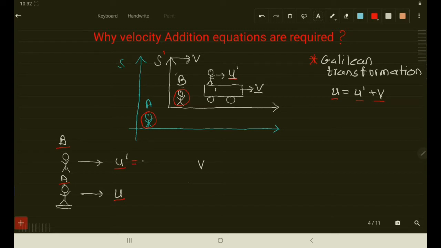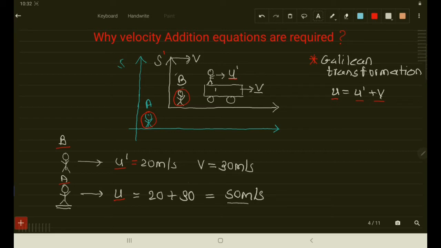Now let us take some numbers for this velocity. Let u dash be 20 meters per second and let v be 30 meters per second. Now to find u, we will have to add these two velocities, that means 20 plus 30. The velocity will be 50 meters per second.